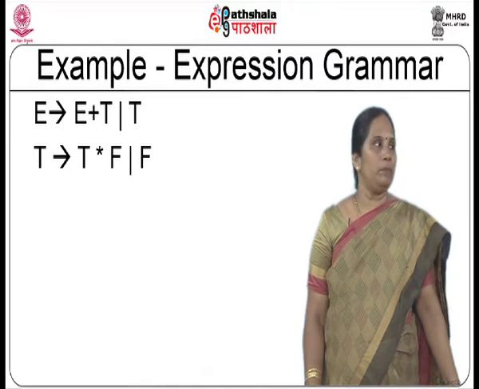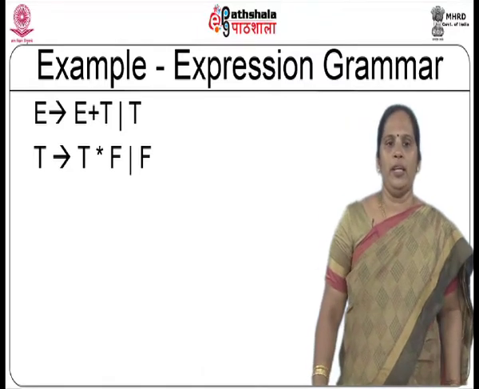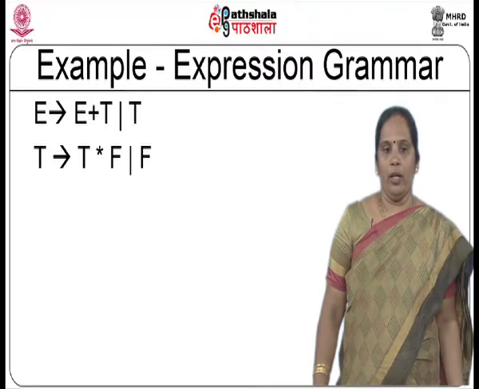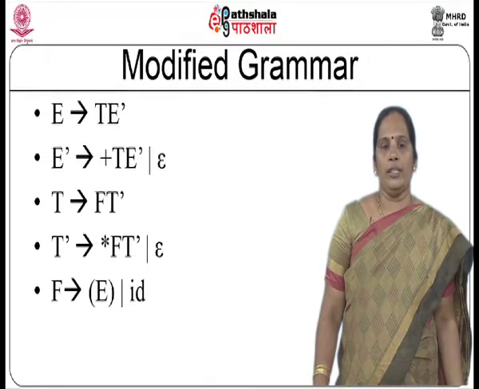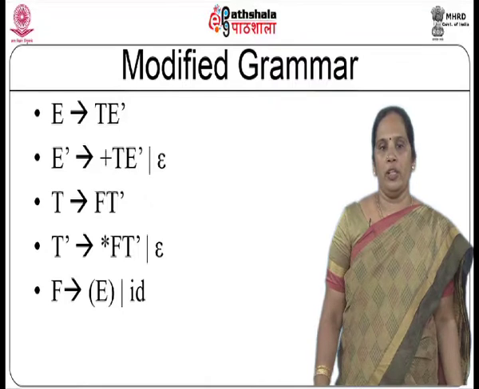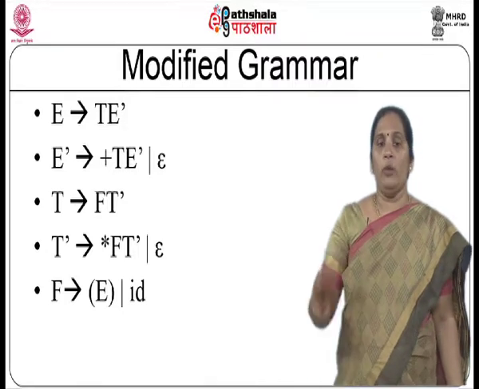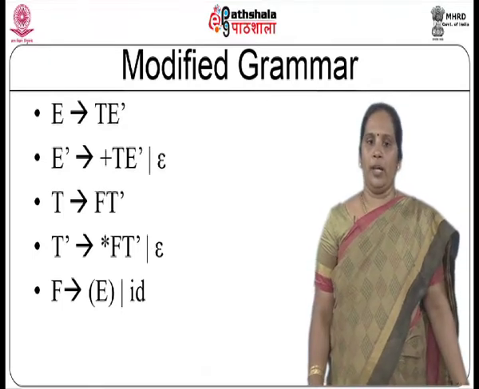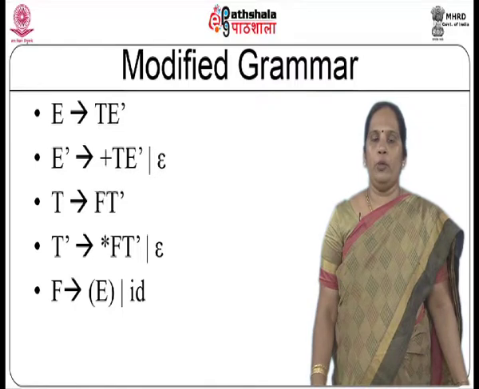For example, E produces E plus T or T, T produces T star F or F, this is your expression grammar. Now, this grammar has a left recursion, a non-left recursion, a left recursion, and a non-left recursion. There are only immediate left recursions, there is no indirect left recursion for this particular grammar. So, here E will produce E plus T.